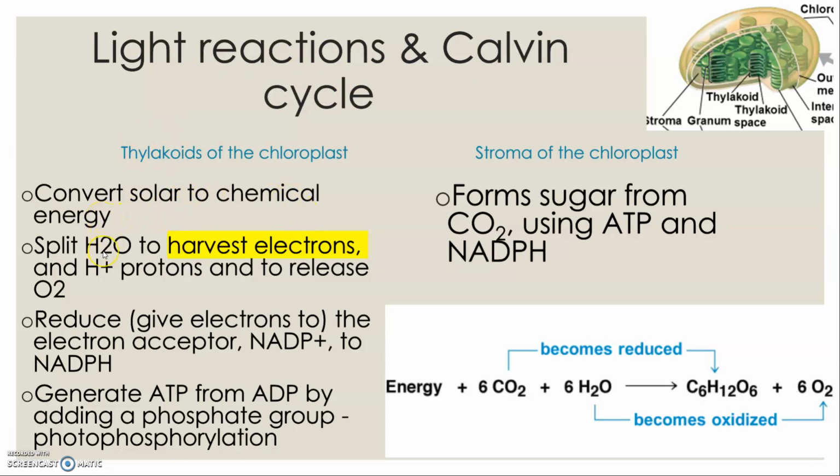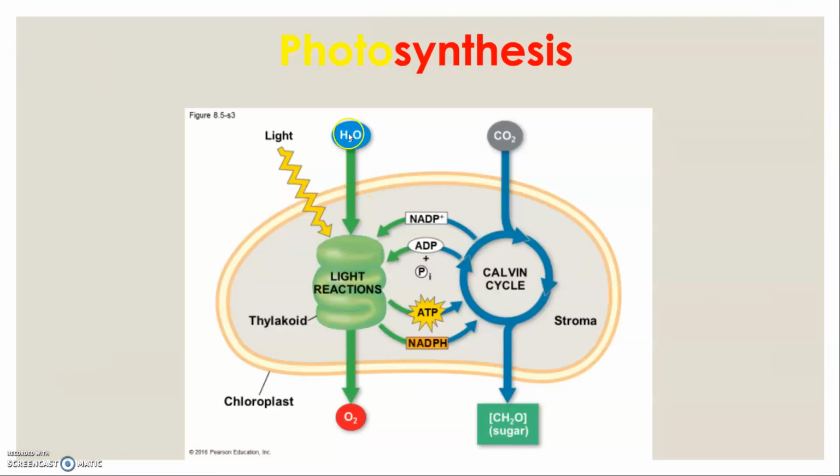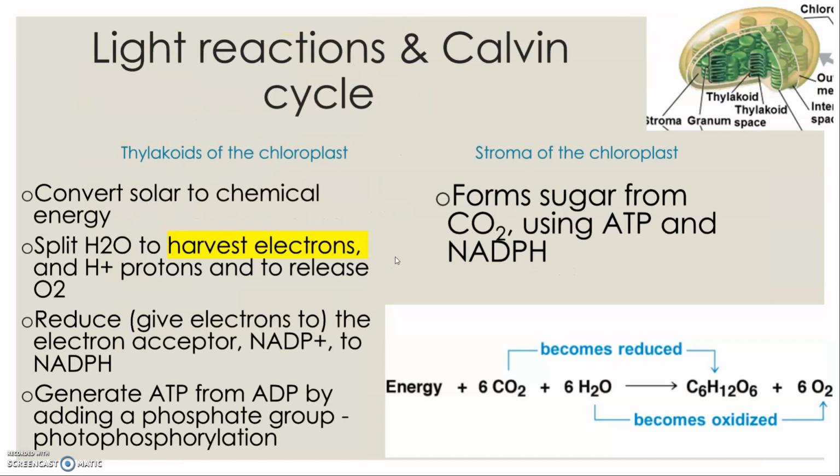The water that is the input here enters the light reactions and it's split. When water is split, it releases electrons, it releases H plus protons, and it releases oxygen.